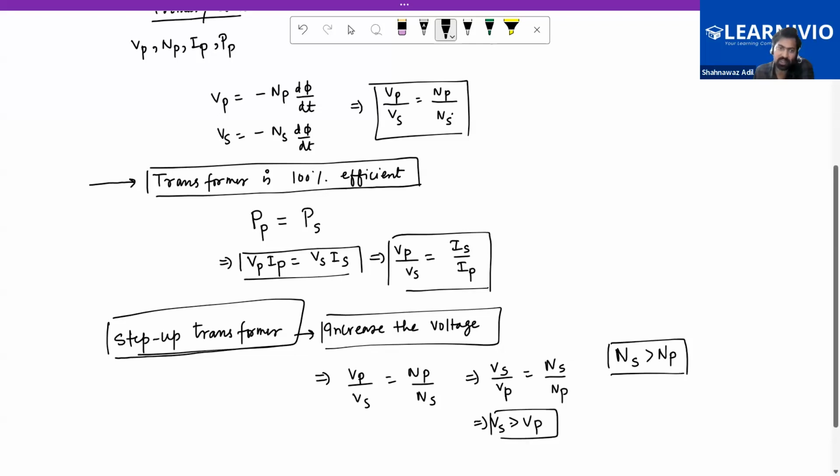This is what we call the step-up transformer. We increase the number of turns in the secondary coil.